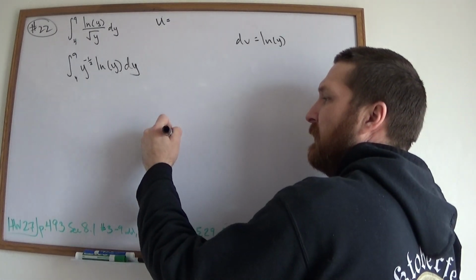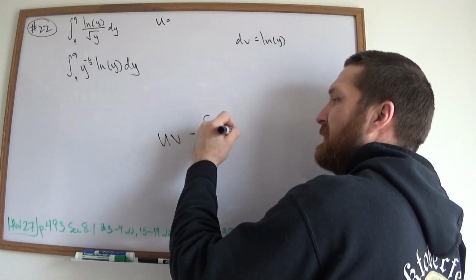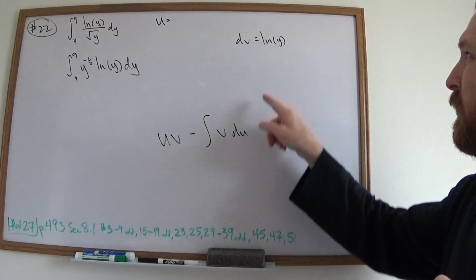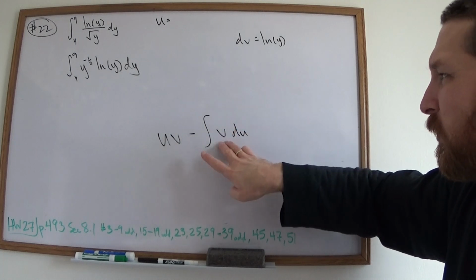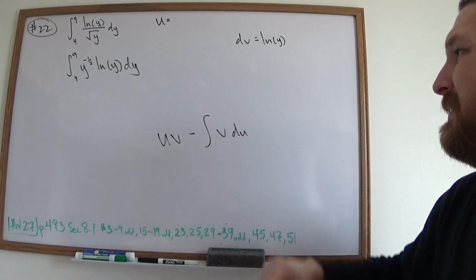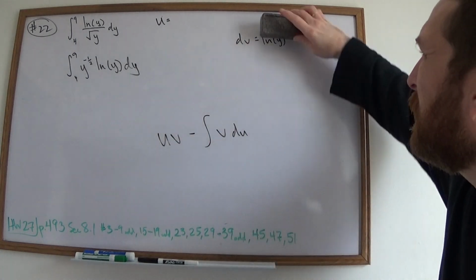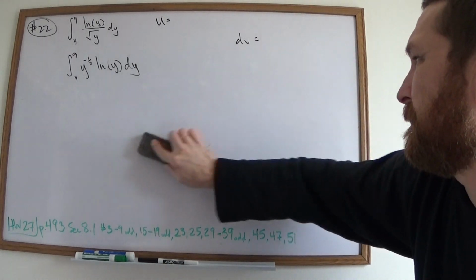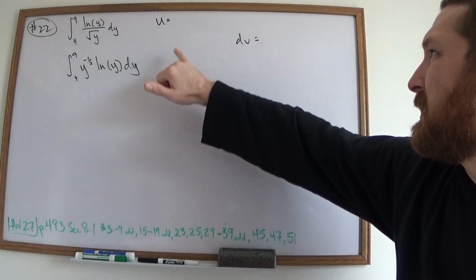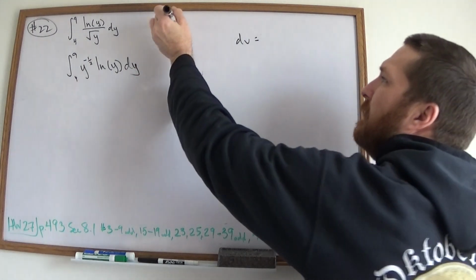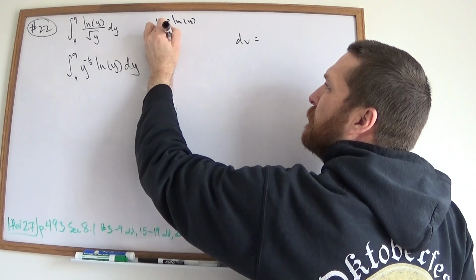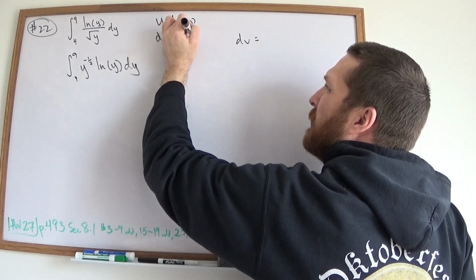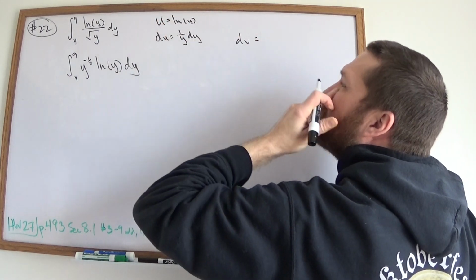If that's going to get more complicated, then I'm going to have an even more complicated thing in the integrand. So that's probably not the route I want to take. So I'm going to say let u be the log here, log y. So that du is 1 over y dy.